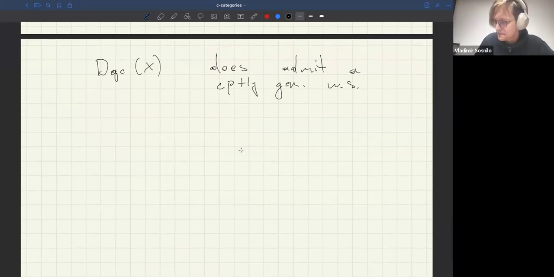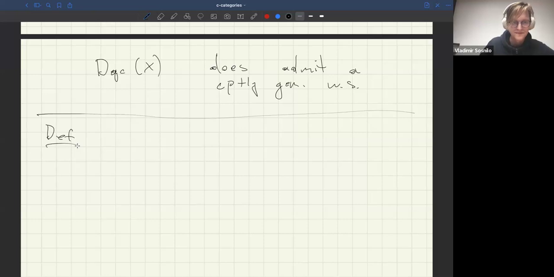And the idea here is that you can add some additional assumptions such that this big weight structure on this ind-completion of the perfect complexes still remembers a lot, still somehow doesn't go much beyond the level of compact objects. Well, let me be more precise.